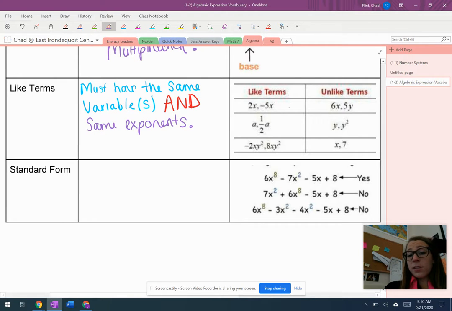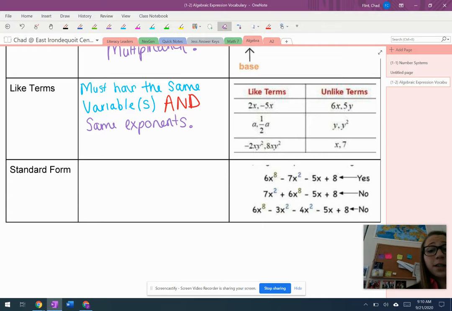They both have an x. A and 1/2 a both have a's. X and y squared, x and y squared. Notice both of the x's have an exponent of 1. Both of the y's have an exponent of 2. That's important. If that exponent was on the x instead, that would change things. Notice our unlike terms examples, y and y squared. Even though they have the same variable, they don't have the same exponent, and that just doesn't count.